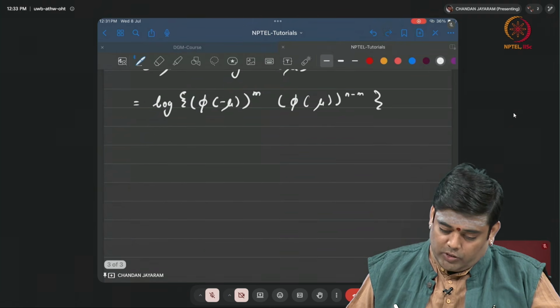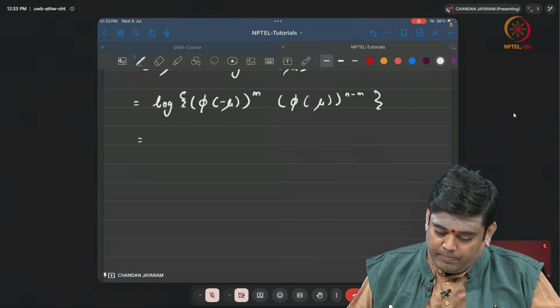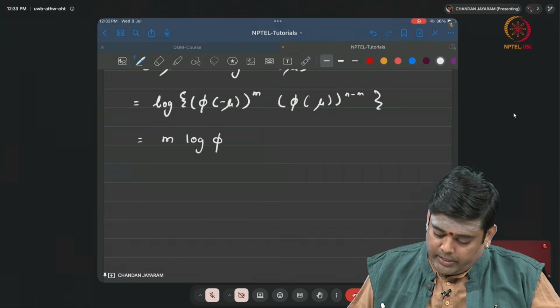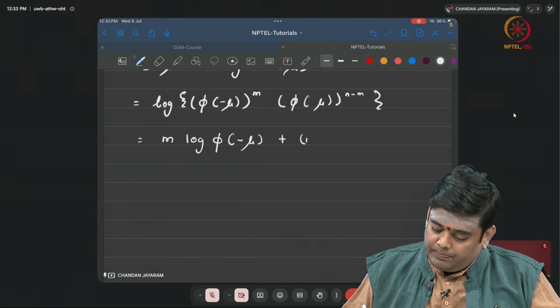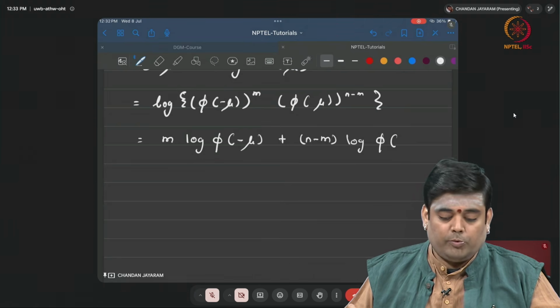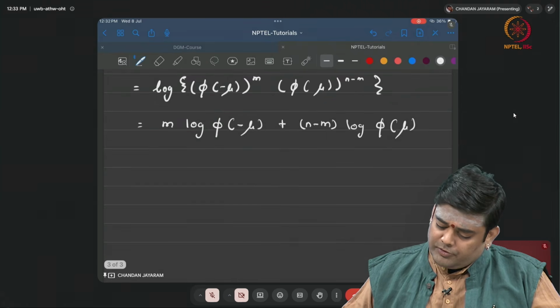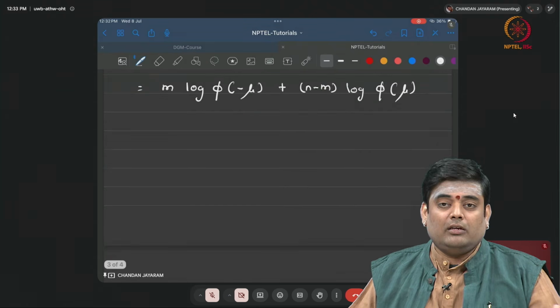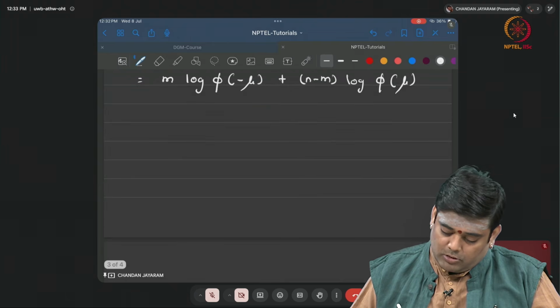So now by using the log properties, we can immediately see this as m log phi of minus mu plus n minus m log of phi of mu. Now just for the sake of simplicity, we prefer to go ahead with some kind of substitution.